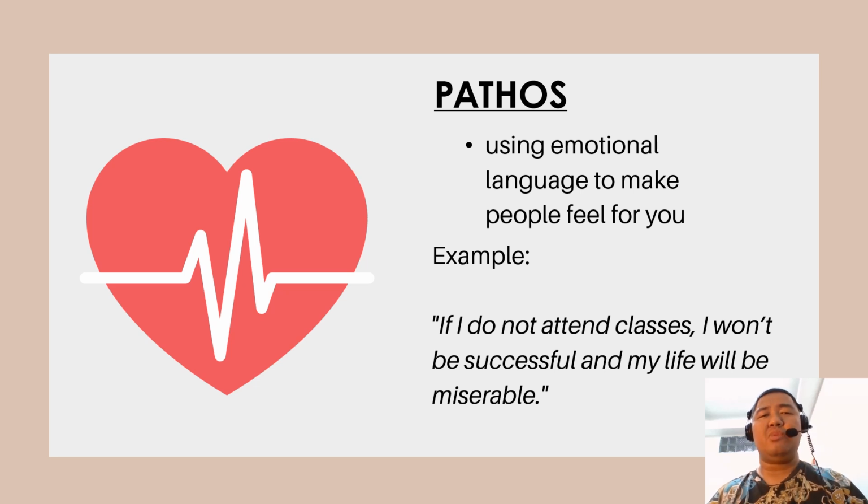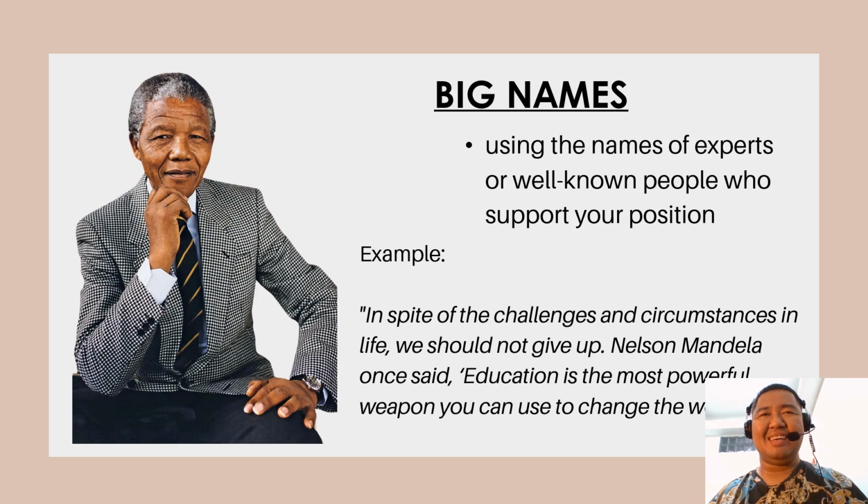All right. So when you're convincing someone, incorporating emotion, that's what pathos is. Let us proceed to the next. Next one is what we call big names. So when we're using big names, we are using the name of experts or well-known people who support your position.